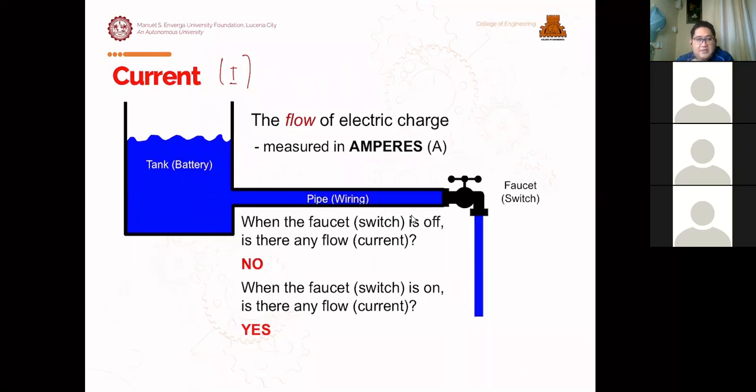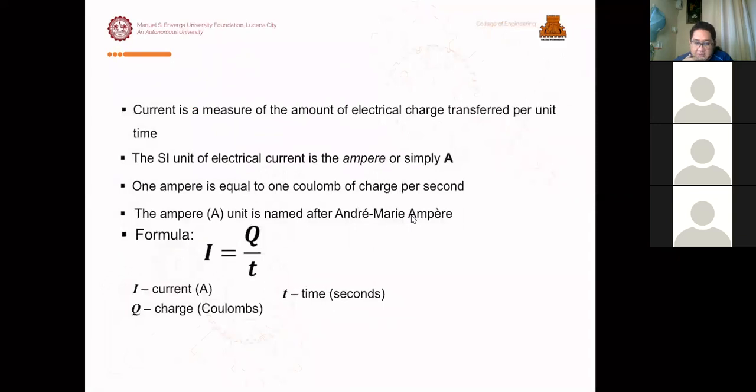Then these are some of the properties of current. It measures the amount of electric charge transferred per unit of time. Electric charge is Q, transferred per unit time.